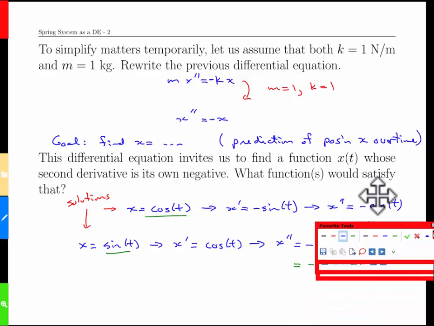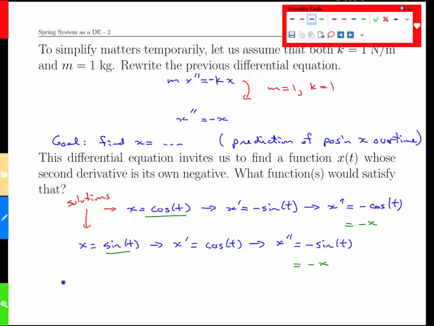And we can also find other ones if we want. We can say x equals, let's say, 7 sine of t. So put a multiplier out front. If we do that, the derivatives are just the same, except that we're going to have the 7 out front, and there we're going to have negative 7 sine of t.